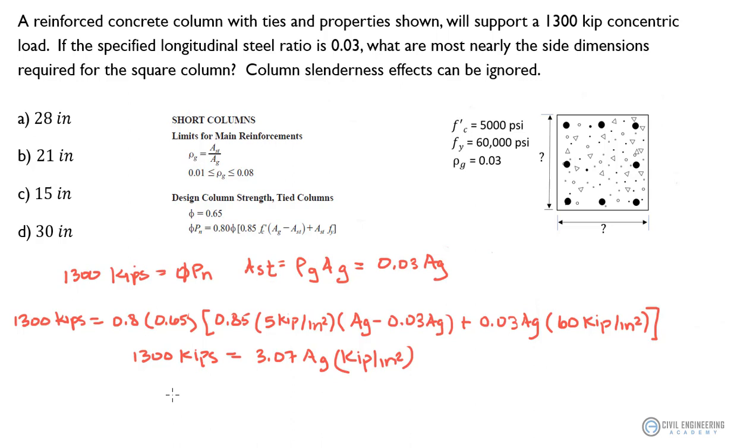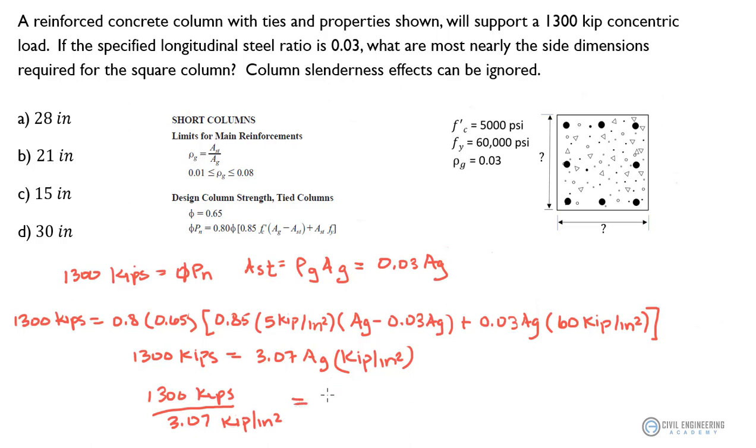We divide both sides: we take 1,300 kips and divide by 3.07 kips per inch squared, carrying our units through.